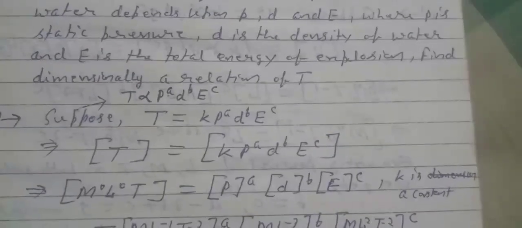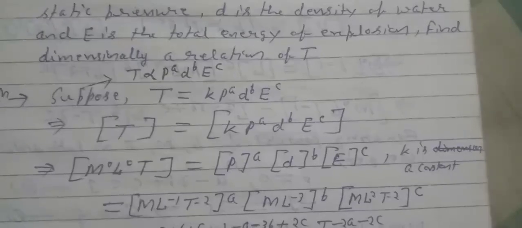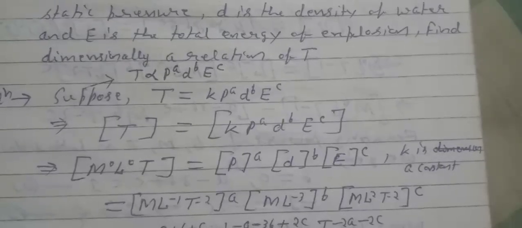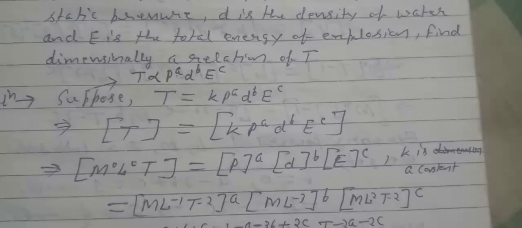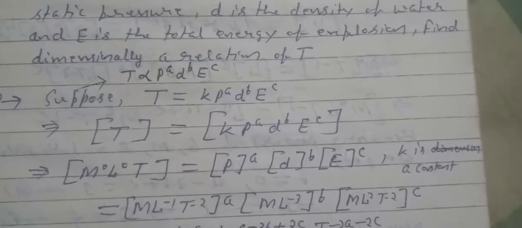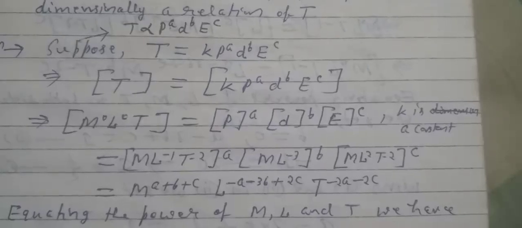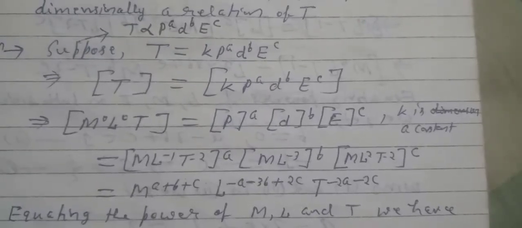Here K is a dimensionless constant, so we remove K from the equation. Now M⁰L⁰T¹ equals dimension of P to the power a, dimension of d to the power b, dimension of E to the power c, which equals (ML⁻¹T⁻²) to the power a, (ML⁻³) to the power b, (ML²T⁻²) to the power c.